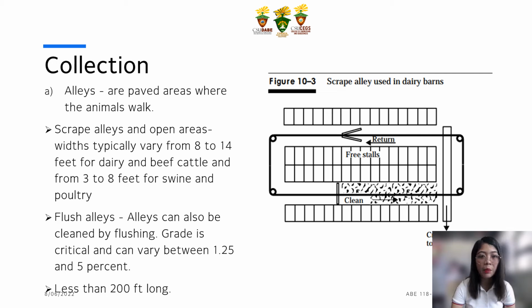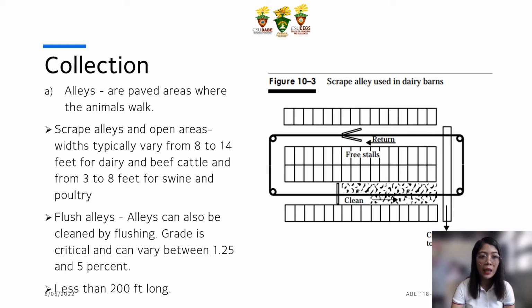So it can be a blade attached to either the front or the rear of a tractor, or a skid steer tractor that has a front-mounted bucket. So the width of the alley depends on the desire of the producer and the width available for the equipment.